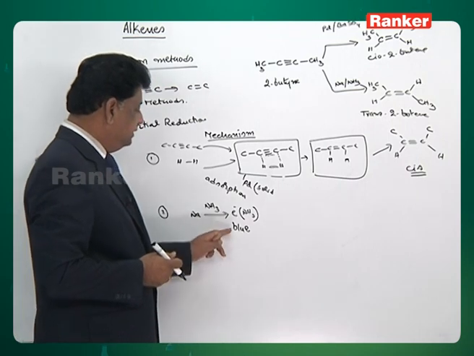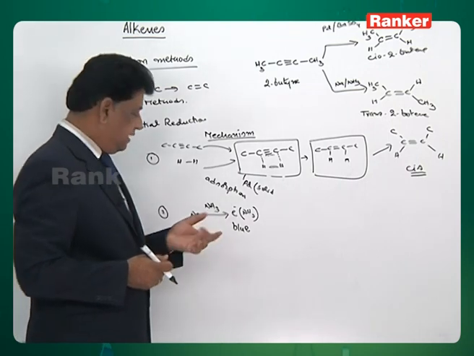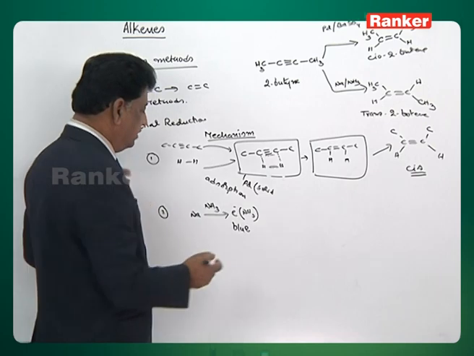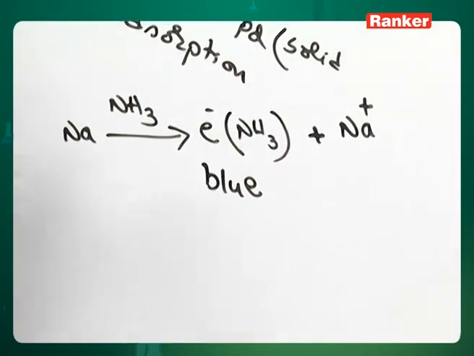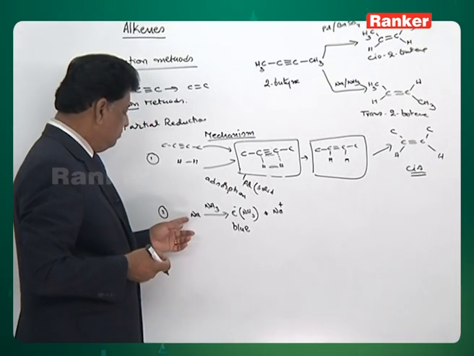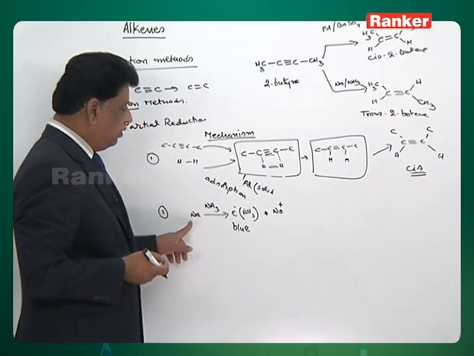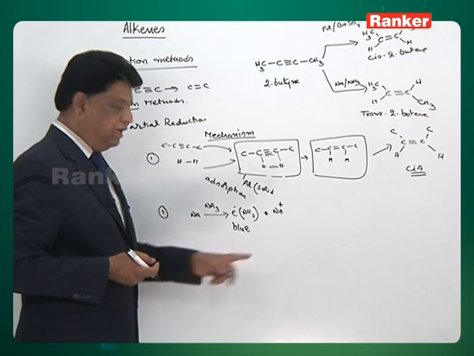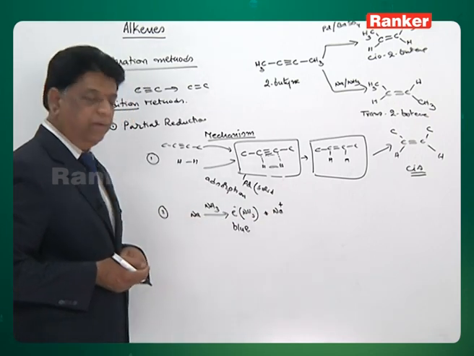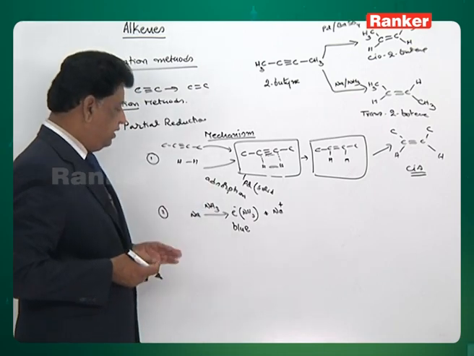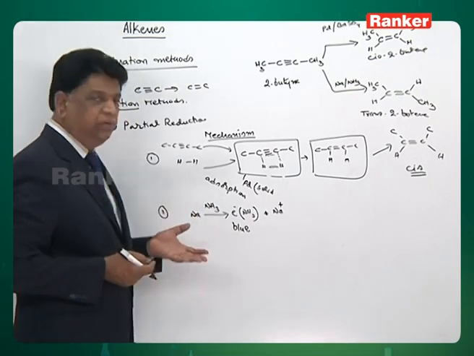What is happening is that free electrons are available. Sodium gives out an electron and becomes Na plus. One electron comes out because, compared with the atomic state of sodium, the ionic electronic configuration is stable. Therefore, it readily dissociates, provided somebody takes the electron.